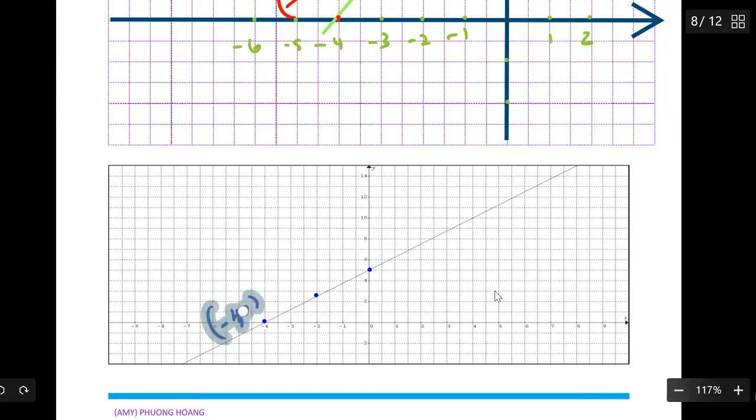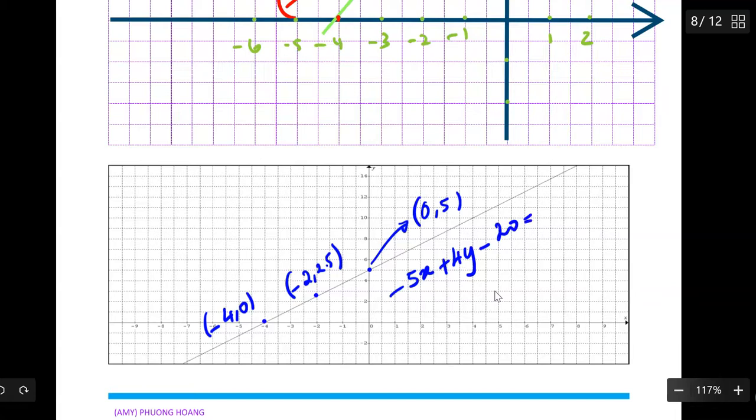Let me write this again to make sure that I write it correct. So this is -4, 0. So this is -2 and 2.5, and this point right here should be 0 and 5. And this line is also -5x plus 4y subtract 20 equal to 0.